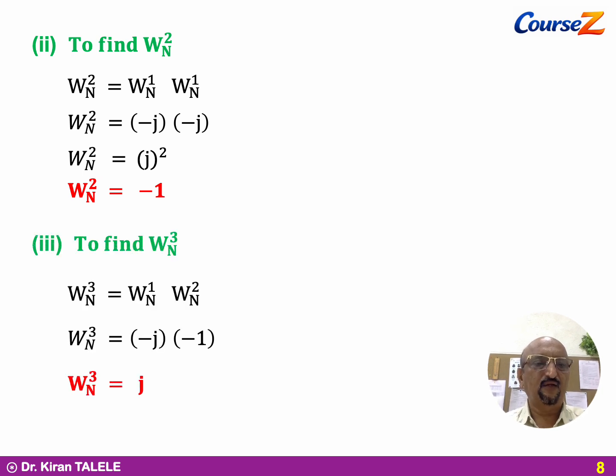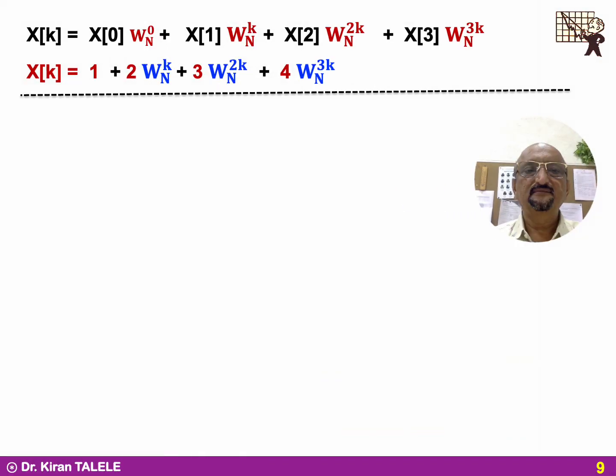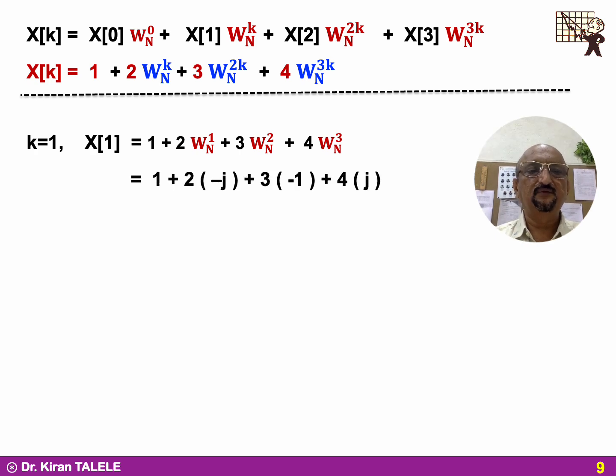This way we can calculate W N raised to 3 as well: W N raised to 1 into W N raised to 2, that is minus j into minus 1, that is j. So put W N raised to 1 equal to minus j, W N raised to 2 equal to minus 1, W N raised to 3 equal to j. By solving this, we get X of 1 equal to minus 2 plus 2j.